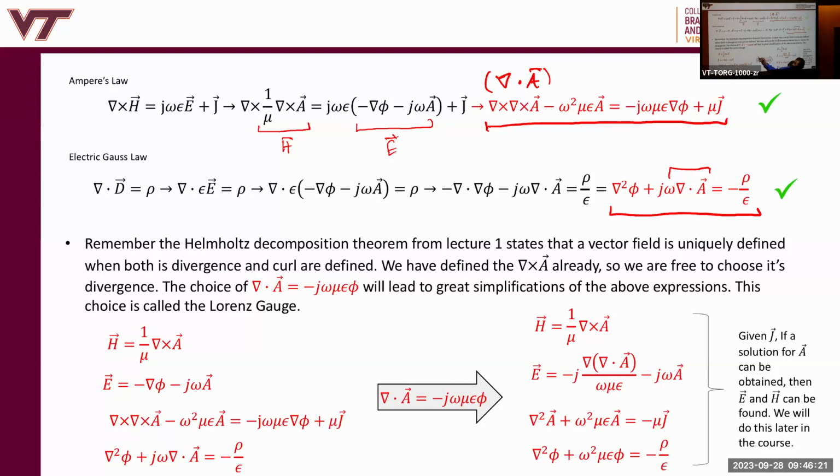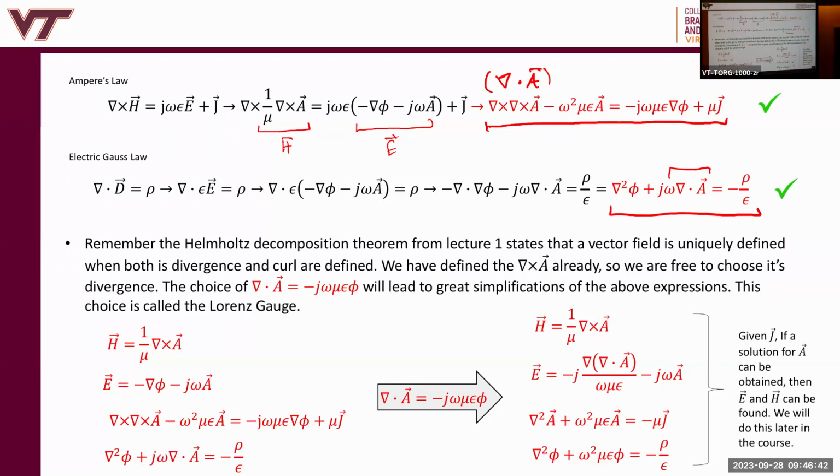So we're going to choose the divergence of A equal to minus j omega mu epsilon phi. The reason we do this is that it simplifies these two equations I've underlined at the top of the slide into something much more familiar and solvable. This choice of the divergence has a particular name: it's called the Lorentz gauge.